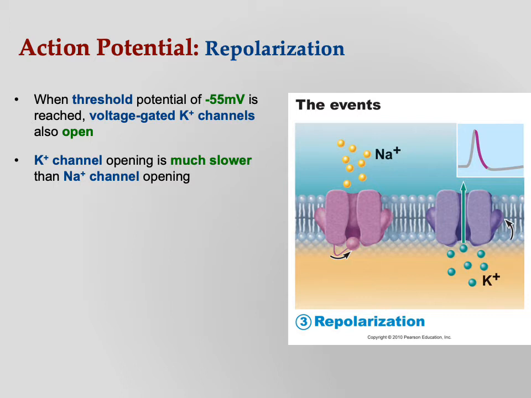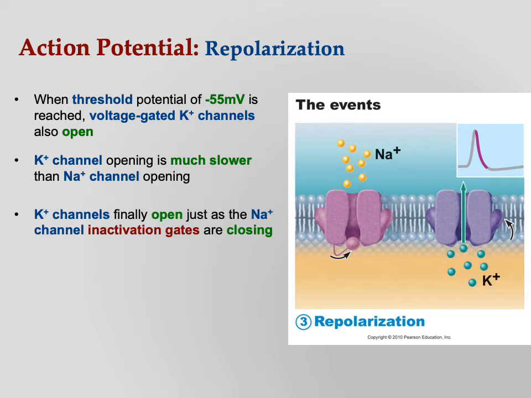So the potassium was much slower to open. That's why it's happening in sequence like this. The sodium's already over and done with. It already opened and shut. Now the slower potassium channel is finally opening, okay? Just as those inactivation gates are closing, potassium opens. Sodium can't get in anymore, so we're not going to do any more depolarization.